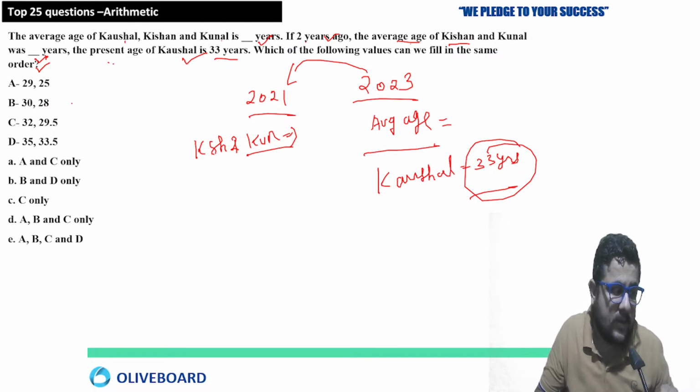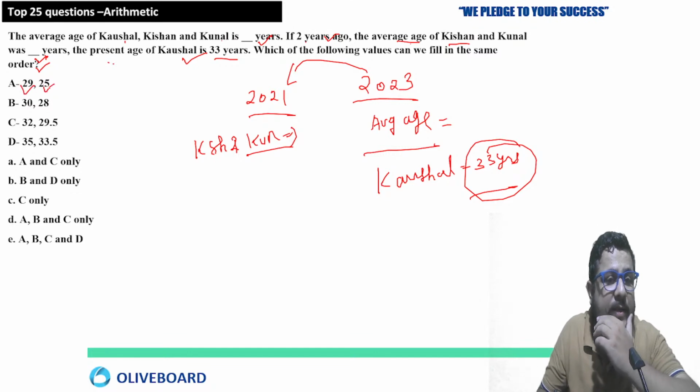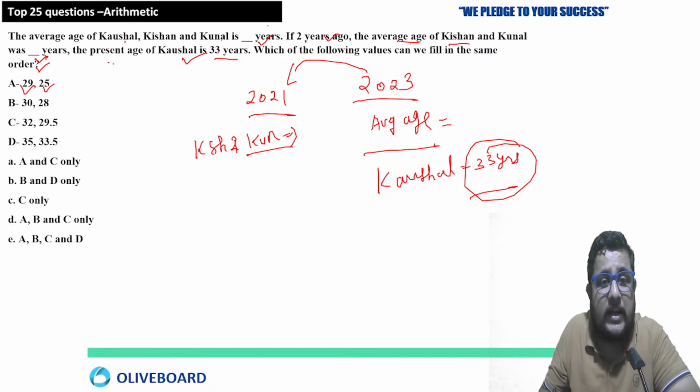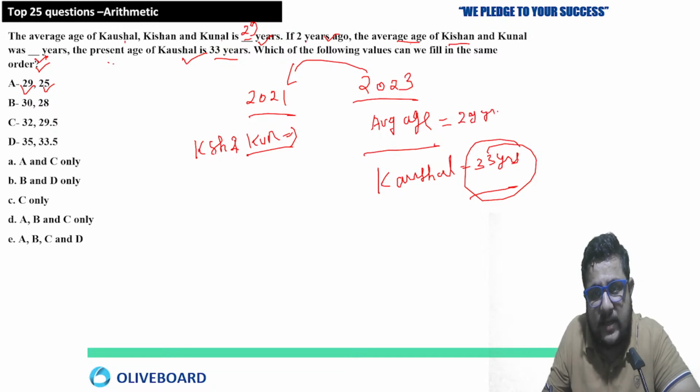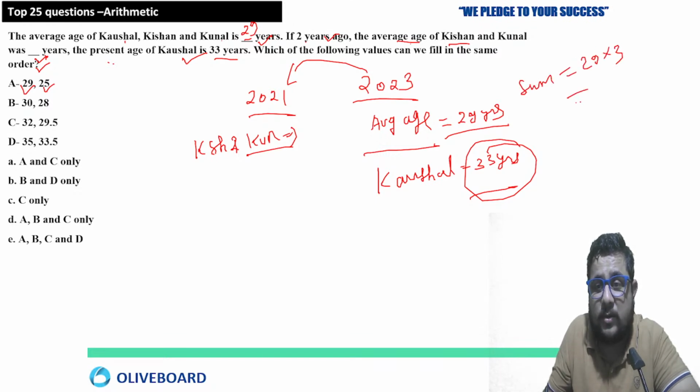So this is the clue which you can use, but you have to fill in the given values to satisfy that condition. Okay, so first is 29 and 25. If 29 years is the average age, then the sum of their ages is going to be 29 into 3 for 3 persons, 87. And we know that Kaushal's age is 33 years. So 87 minus 33, you will get 54. Are you getting my point?